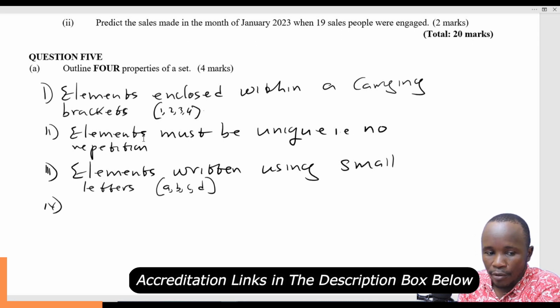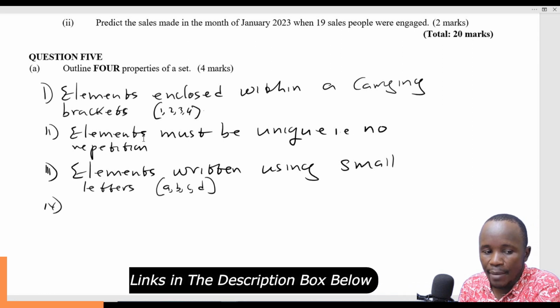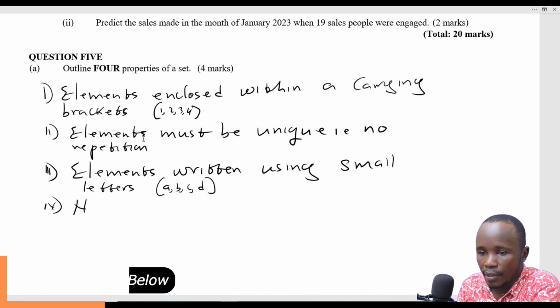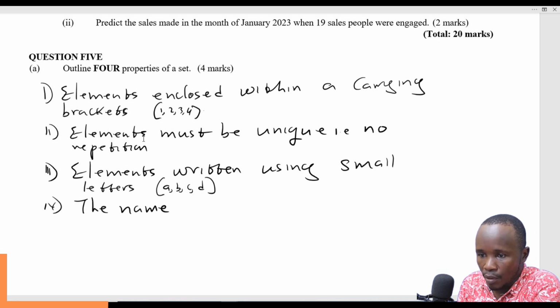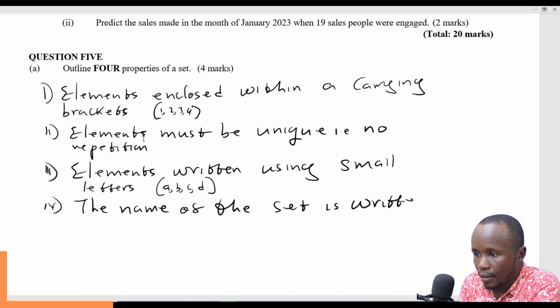Property number 4, the name of the set. The name of the set is written using capital letters.